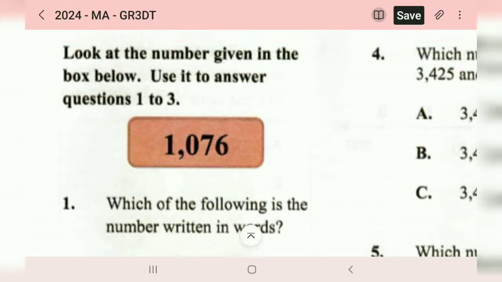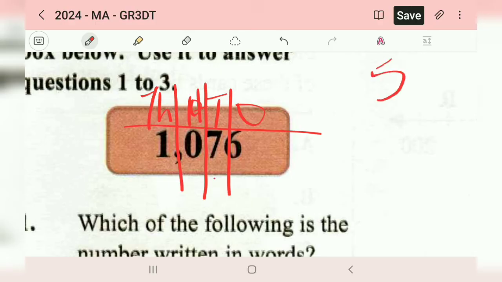Moving on to number 3. What is the number rounded to the nearest 10? If you're looking at the nearest 10, which digit is in the tens column? It's the 7. Now remember, 5 is our mark. If that digit is 5 or more, then we're moving up to the next 10.